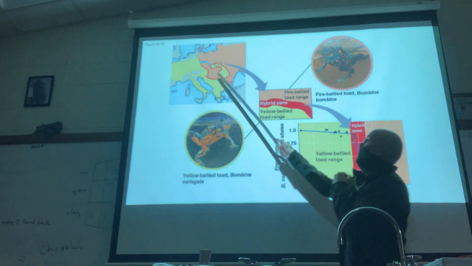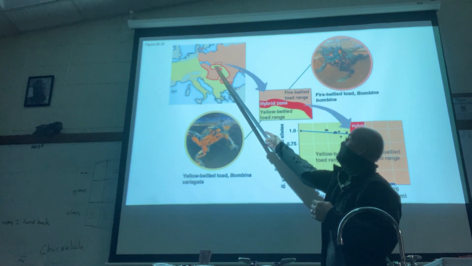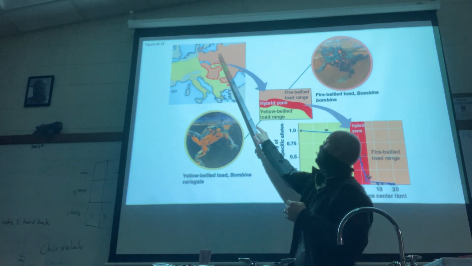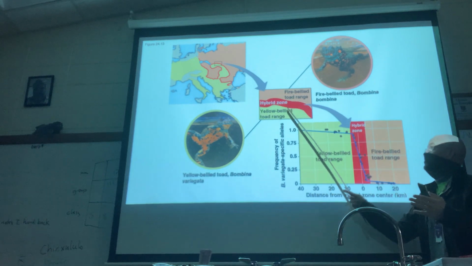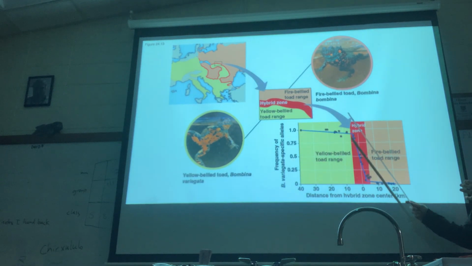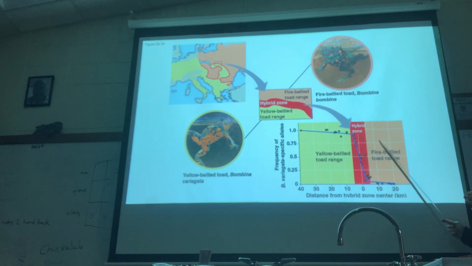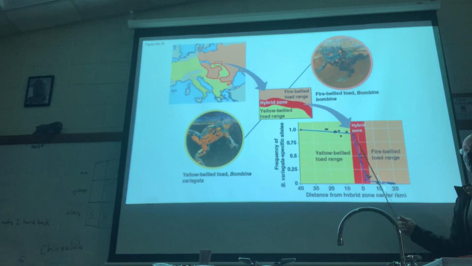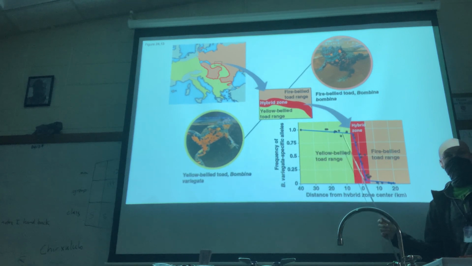Now in red here, you have the boundary between the range of one toad and the range of the other. And this boundary represents what we call a hybrid zone. In a hybrid zone, you have members of these two distinct populations that are actually interbreeding and producing hybrid offspring.